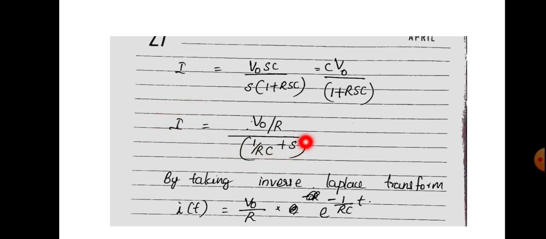Here we got the value like this. This is the S domain value. In order to find the time domain value, we have to take the inverse Laplace transform of this quantity. So the inverse Laplace transform will give the time domain value I of t, and you know this known formula, that is 1 divided by S plus A. V0 by R is a constant, so we can take it outside, and the rest is in the form of 1 divided by S plus A. What is the inverse Laplace transform of 1 divided by S plus A?